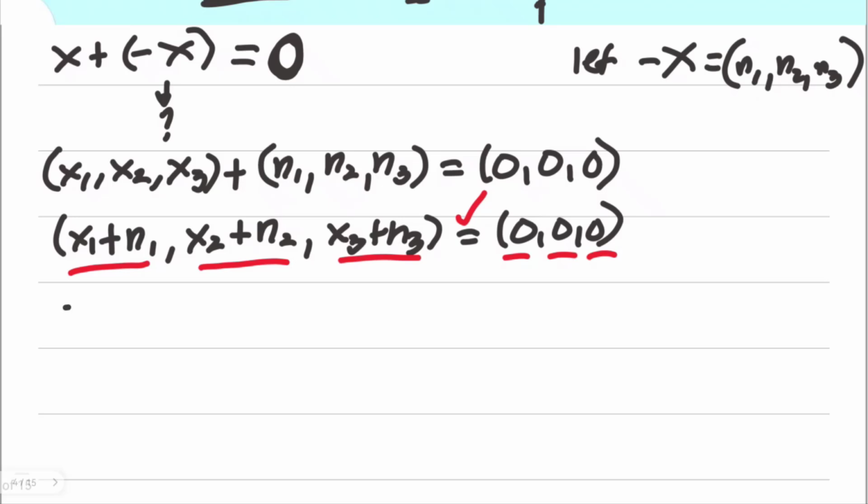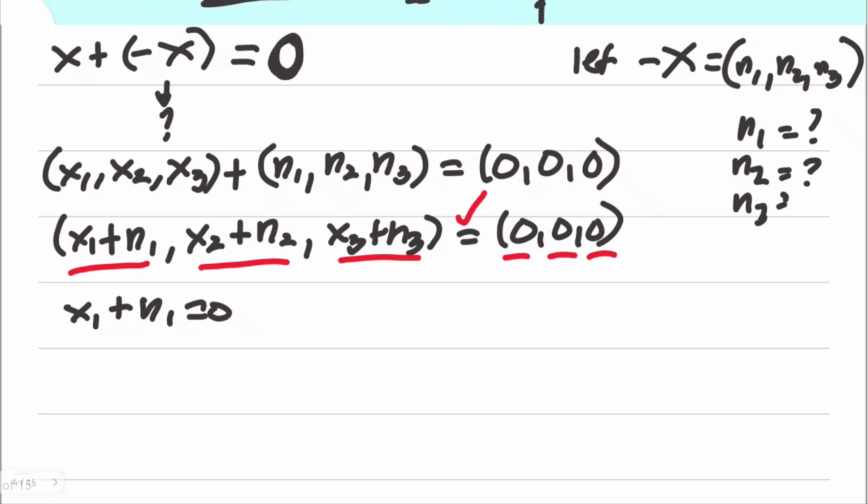That would mean x sub 1 plus n sub 1 is 0. We want to solve for n sub 1, and if we have the values that would satisfy a vector minus x in R3, then we have determined the form intended for the additive inverses.